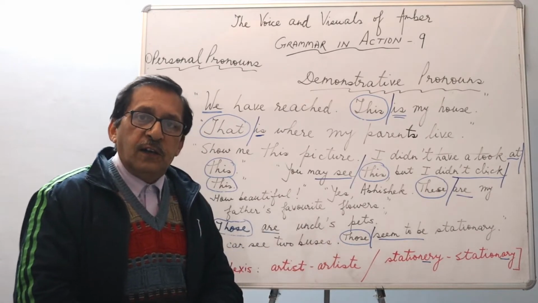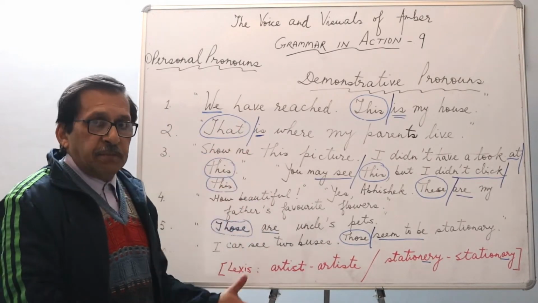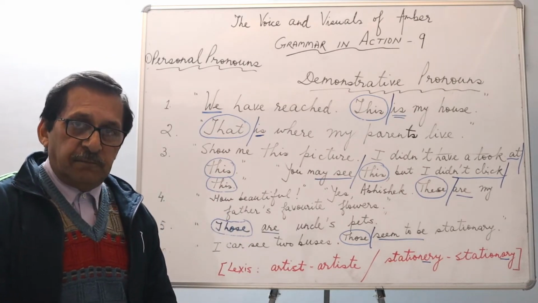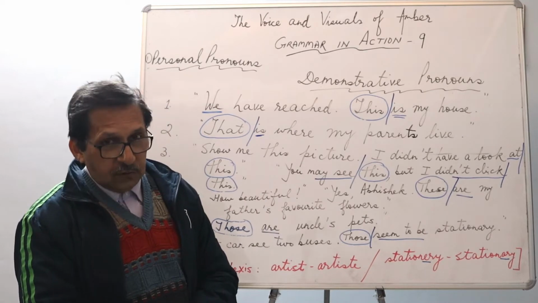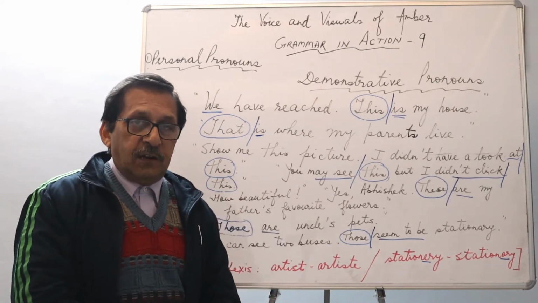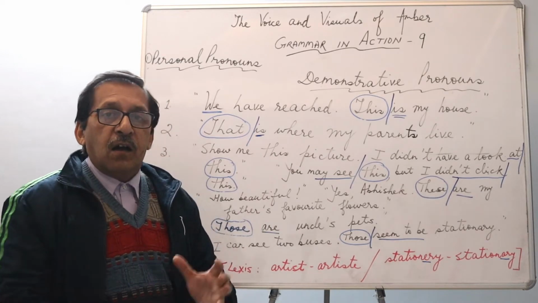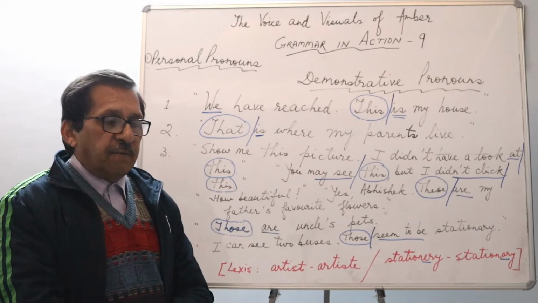So these are the four demonstrative pronouns. And we are going to see the examples of these demonstrative pronouns, and in these examples we are also going to see the demonstrative pronouns acting as one of the four functions.